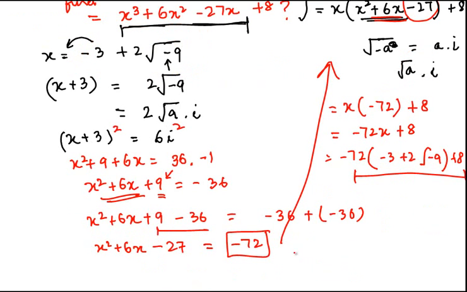So let me give it a shot for you. Minus 72 into minus 3 gives you plus 216. 2 root minus 9, we saw that this can be written as what? 6i.